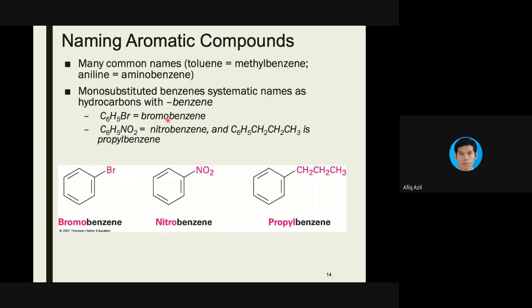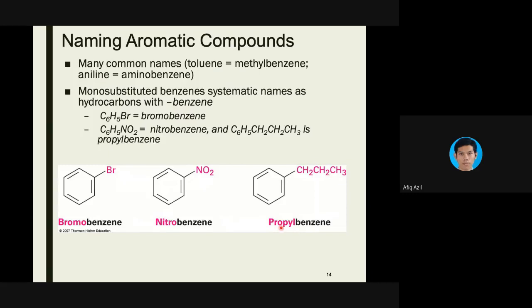For example, if you have bromine or chlorine or iodine attached, then it will be known as bromobenzene or chlorobenzene or iodo or fluorobenzene. So the name benzene will remain at the end. And if you have a nitro group, then it will be known as nitrobenzene.